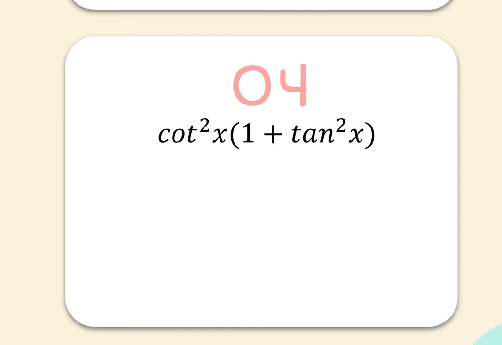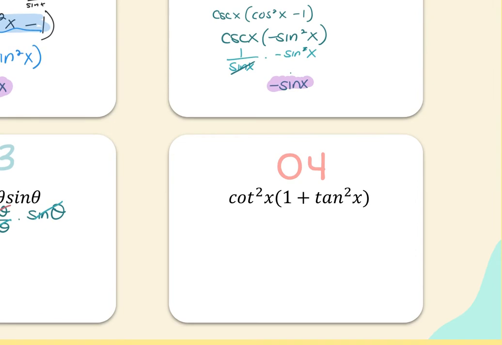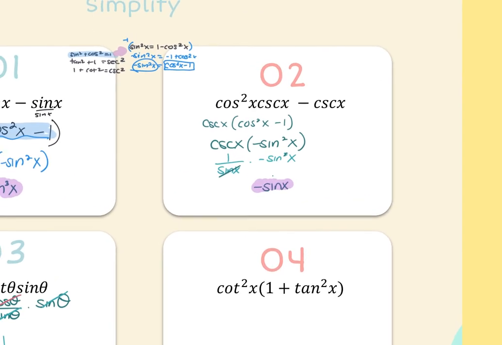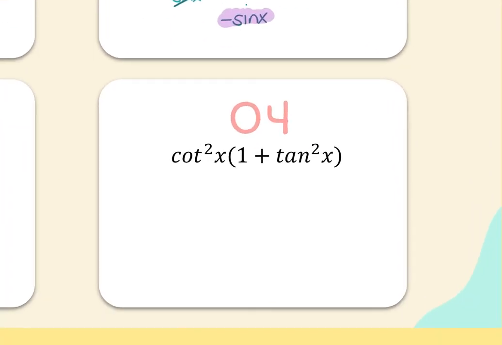Okay, go to 4. Cotangent squared x and then 1 plus tangent squared. So I have another 1 plus tangent squared, right? So if I got a sum and it's either 2 trig functions or a trig function with 1, I go back to my identities. This one says tangent squared plus 1 equals secant squared. So I can literally replace 1 plus tangent squared with secant squared.